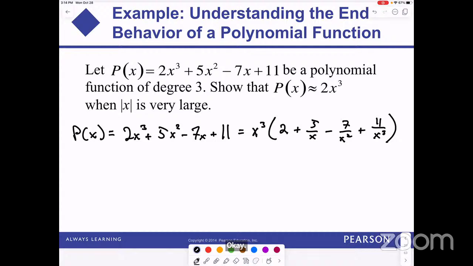So now we want to let the absolute value of x get very large or tend to infinity. What happens, right?